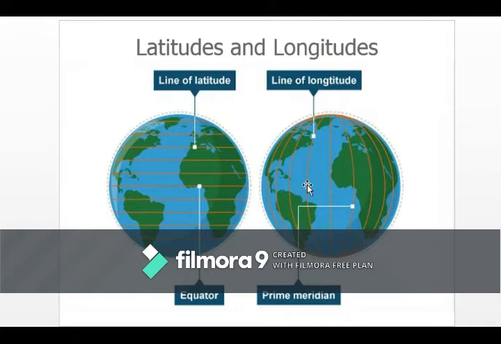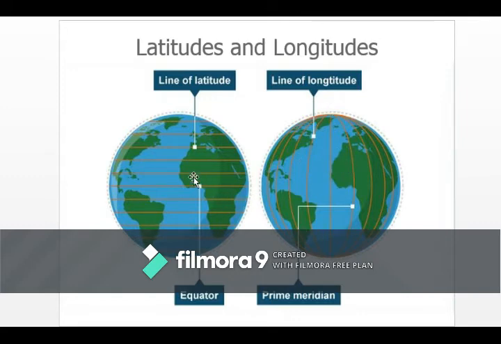If I define the terms again, the lines which pass from east to west are known as lines of latitude, and the lines which pass from north to south are called lines of longitude. Lines of latitude are a total of 180 lines, and lines of longitude are a total of 360 lines.